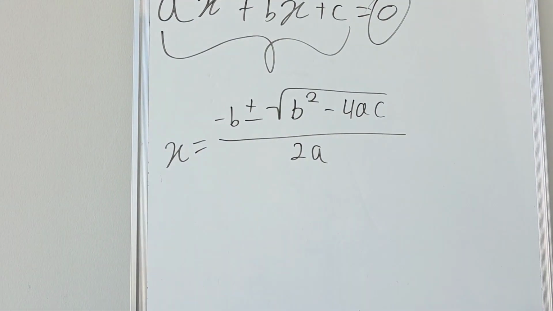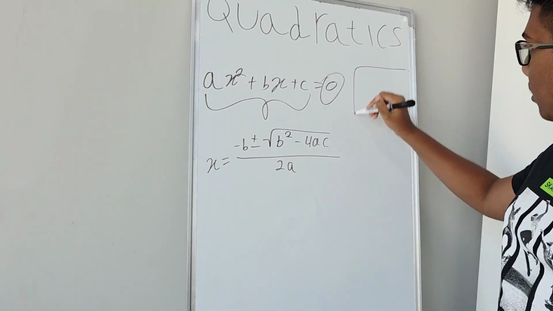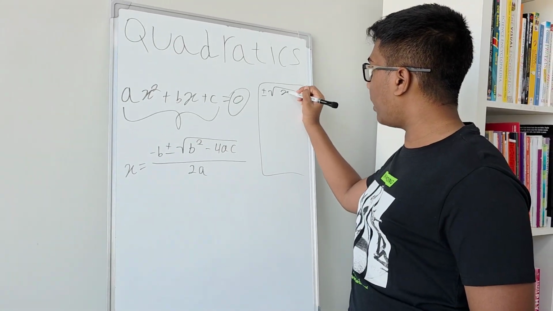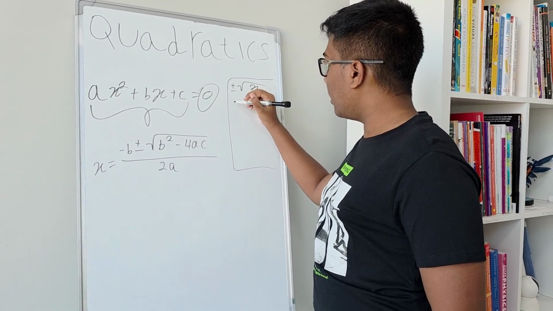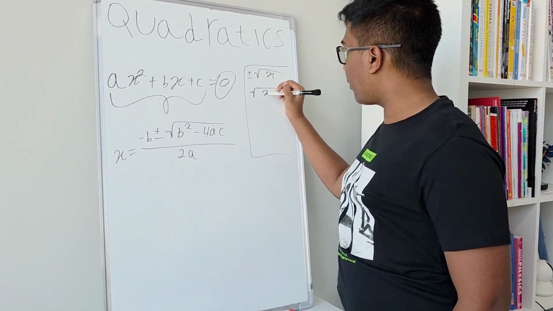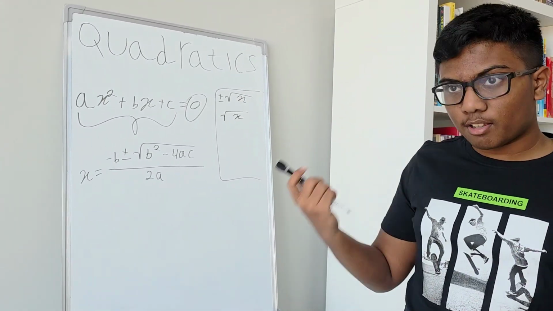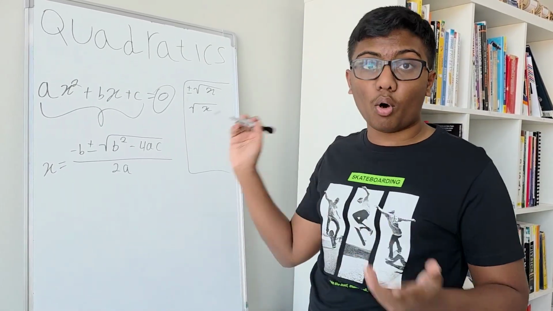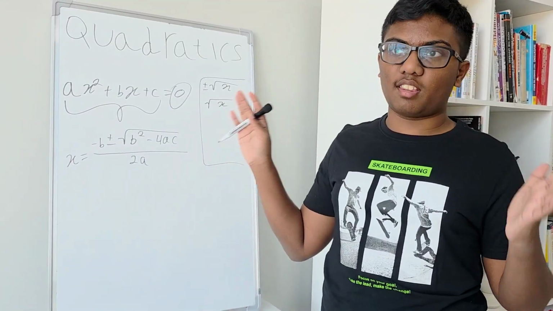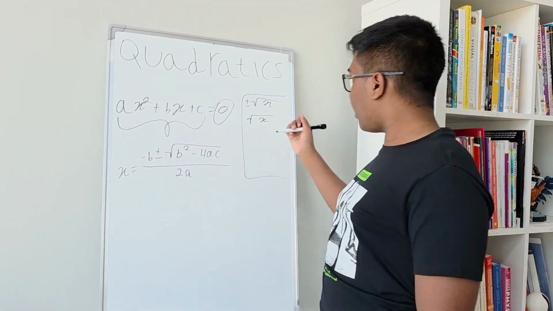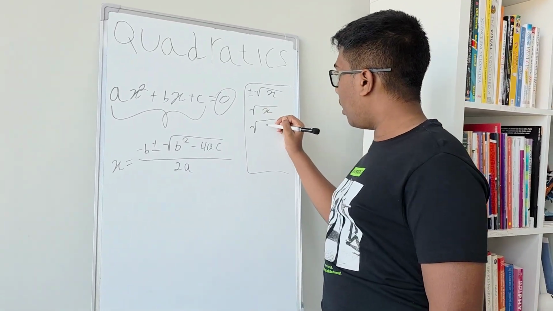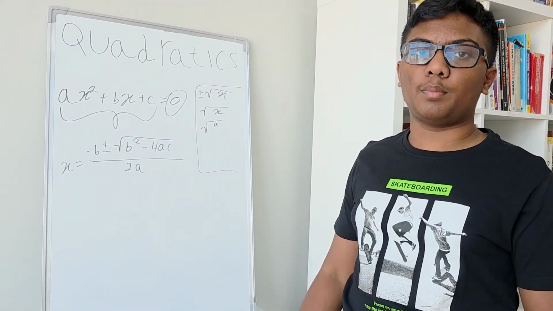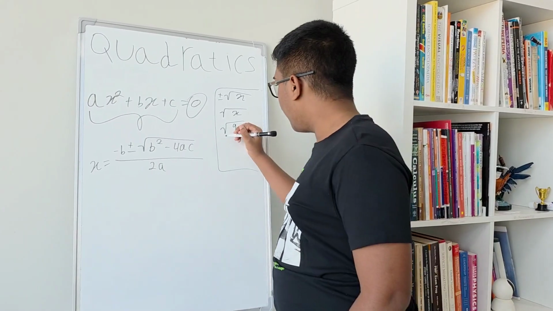Now, here's a bit of a theory class. Why do we say plus or minus the square root of something and not just the square root of something, right? You'd expect it to be positive, right? You'd expect a square root to be positive. But no, that's completely incorrect. Let's take the square root of 9. Now, 9 can be formed in two different ways by multiplying the same number by itself.